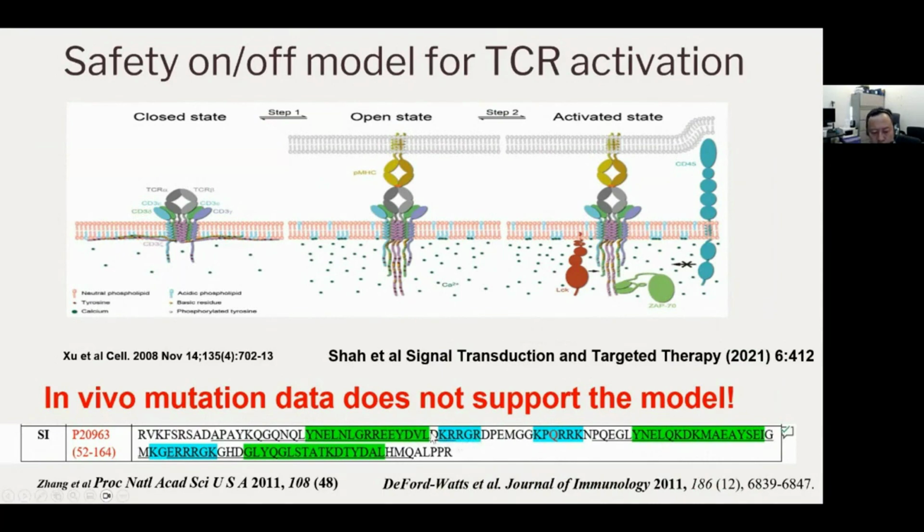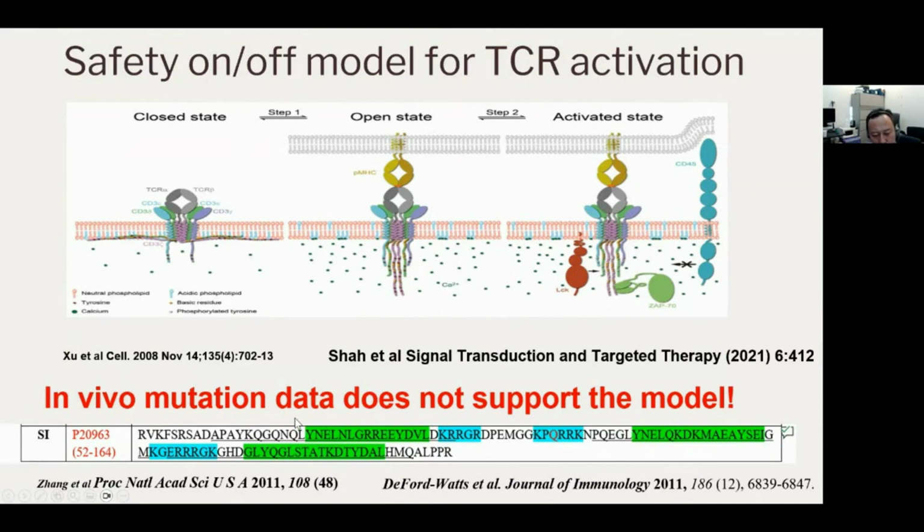And then people suggested those charges may play some role in interacting with the acidic, negatively charged lipids. So basically in the inactive state, the CD3 zeta will bind to the membrane. Okay, then when you have the antigen, it will bind and trigger a conformation change, so those will be exposed to solvent. So then the LCK can come to do the phosphorylation. So that's activation. So they call this the safety on-off model.